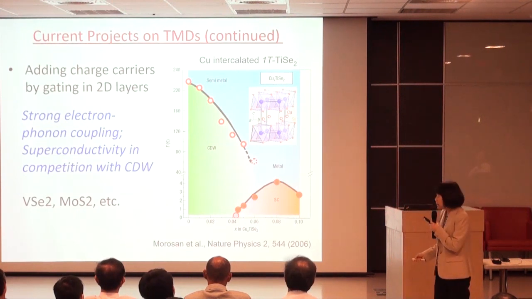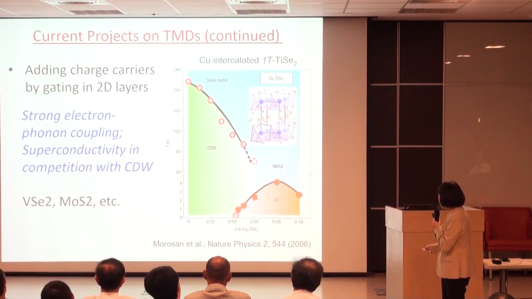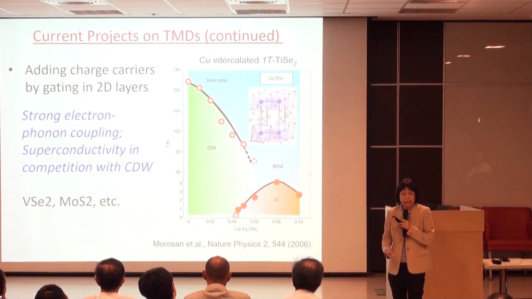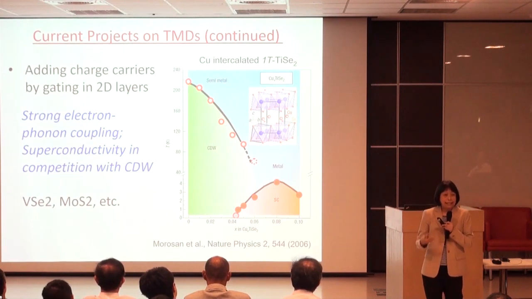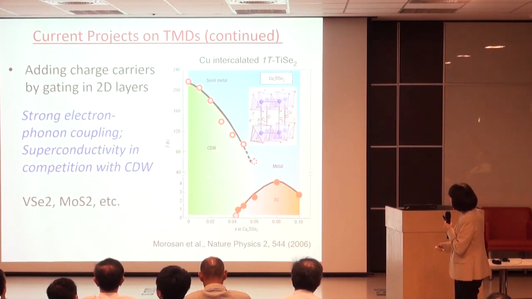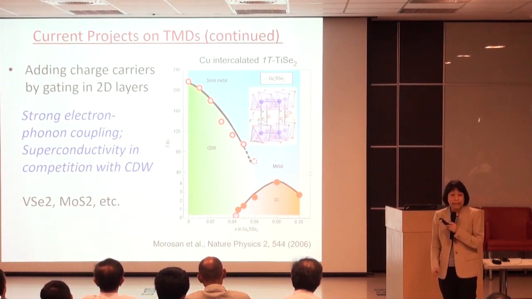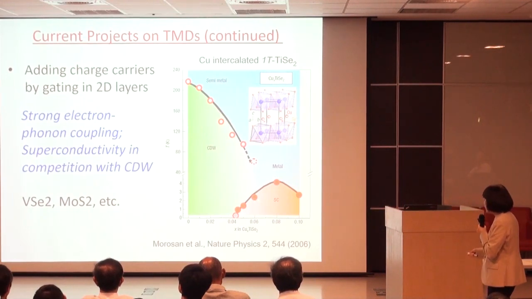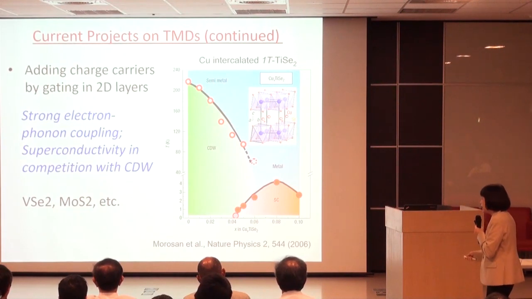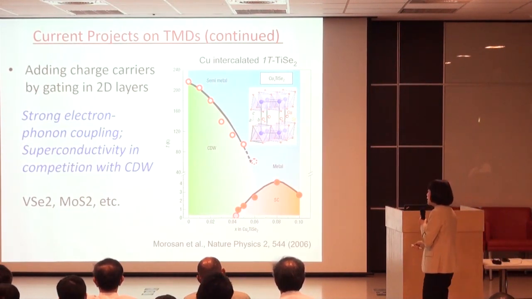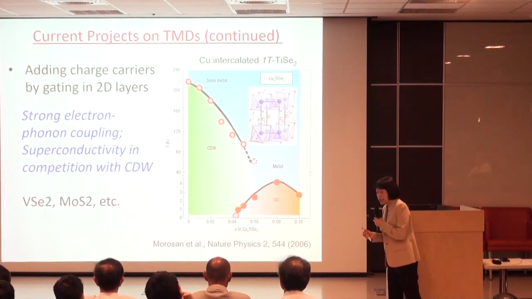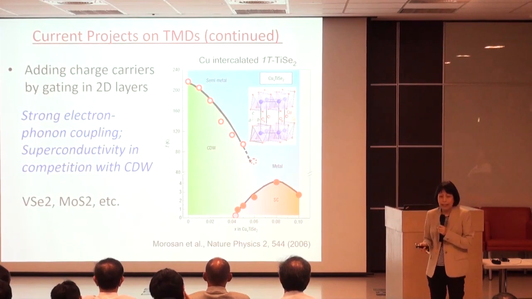Okay, so we're always going to see the competition between superconductivity and the charge density waves, even nowadays for high TC materials, and that's also something under intensive investigation, the charge density fluctuations near the superconducting phase. Okay, so we'll be talking about strong electron-phonon coupling there and superconductivity in competition with those charge density waves. So this is something that we are also studying nowadays.